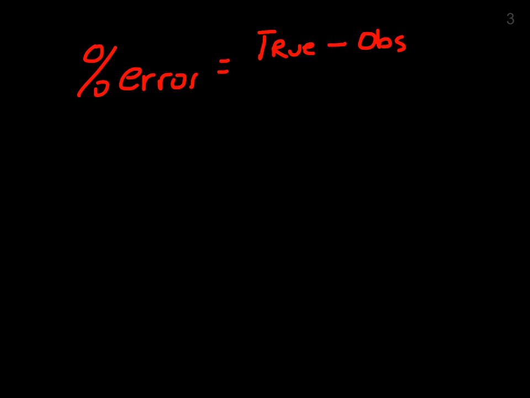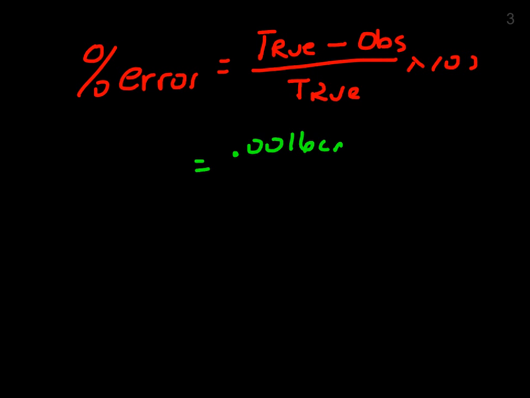Now the last little part I wanted you to do was a percent error calculation. Percent error works like this. It is equal to the true value minus the observed value, divided by the true value, times 100. On the board, I said that the true value was 0.0016 centimeters.